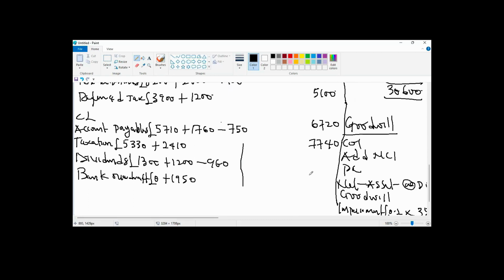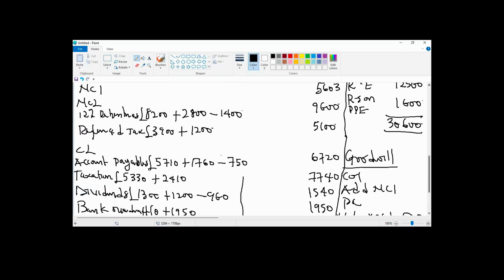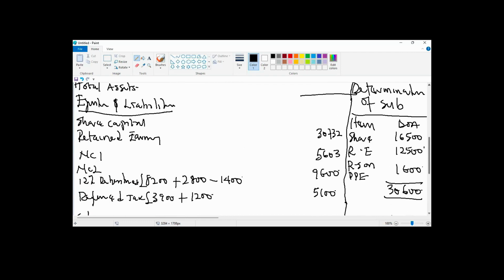Bank overdraft to give us 1950. 13 plus 12 minus 960. 1540. 43,000. 111,985.